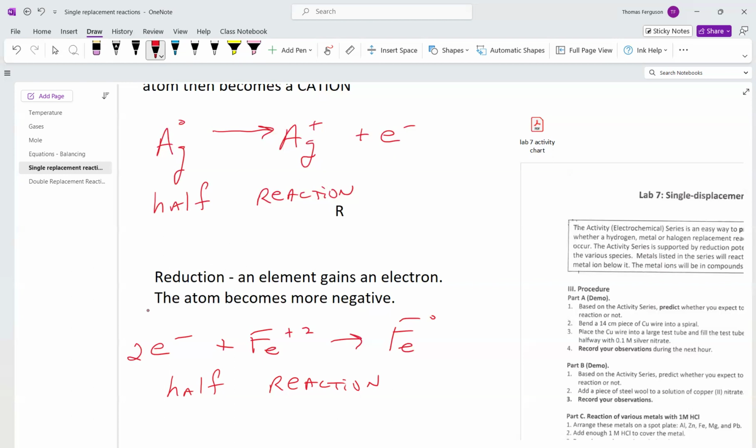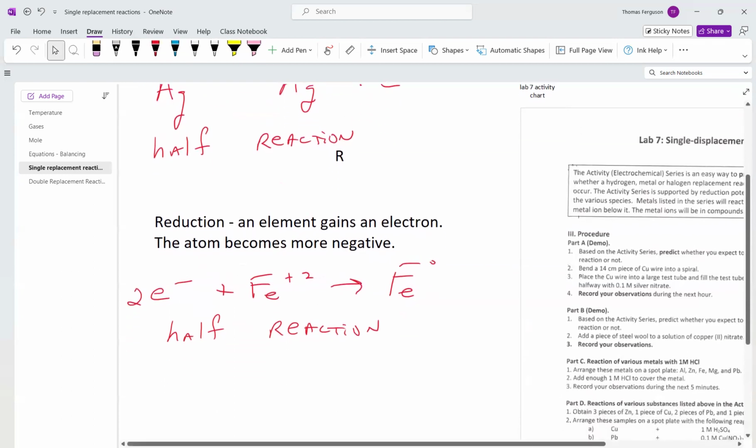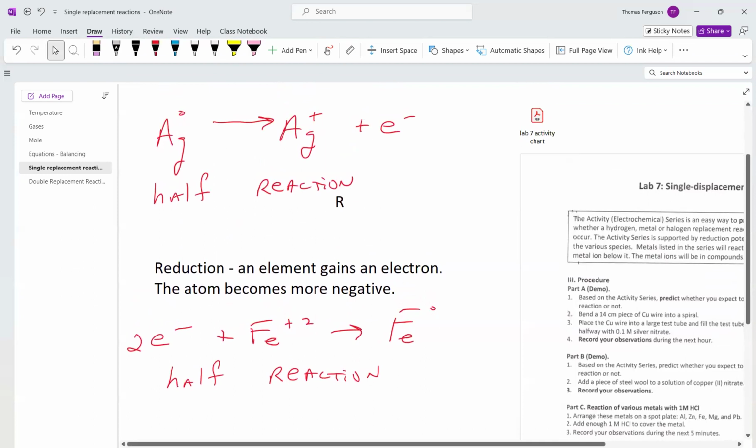So what we're going to do now is we're going to put these two together. Now notice how many electrons on the top here on the oxidation am I losing? 1. How many is this iron cation down the bottom receiving? 2. So those have to match. Electrons given off have to be equal electrons being received.